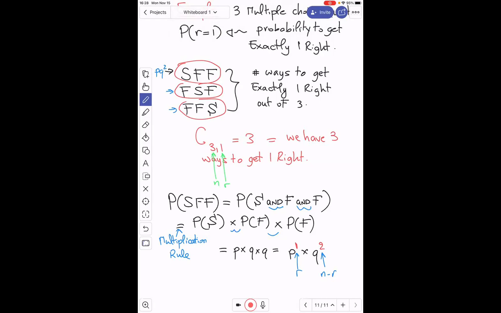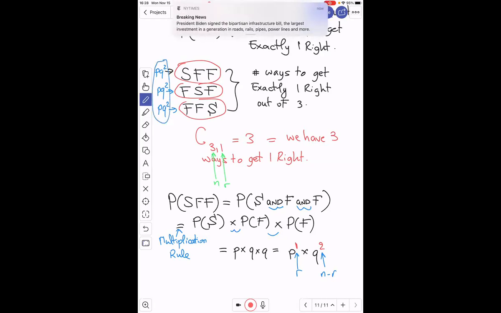You're also going to get P, because it's 1 success and 2 failures. So it's the same thing, PQ squared, and then another PQ squared. So in total, we have 3 times P times Q squared, and it's 3 because there are 3 different ways to get this one right answer.